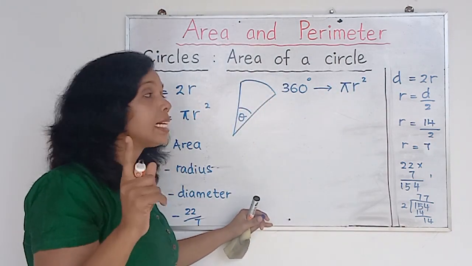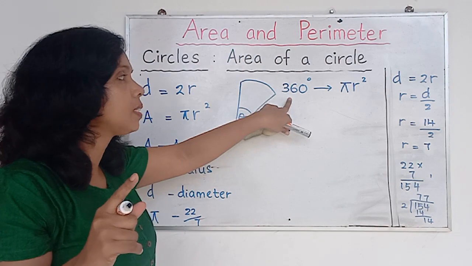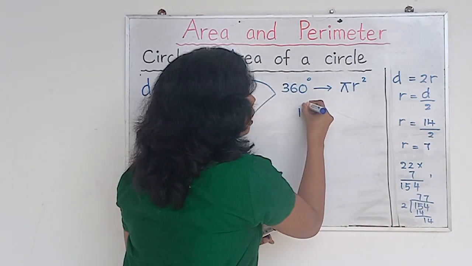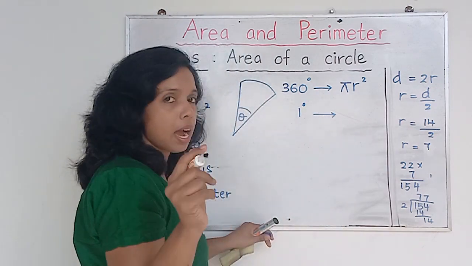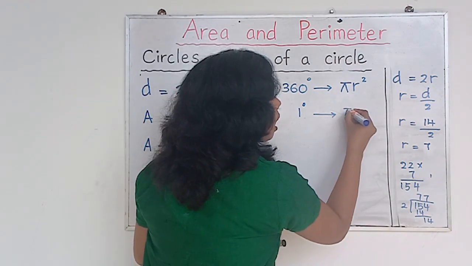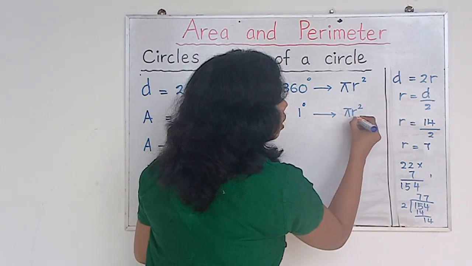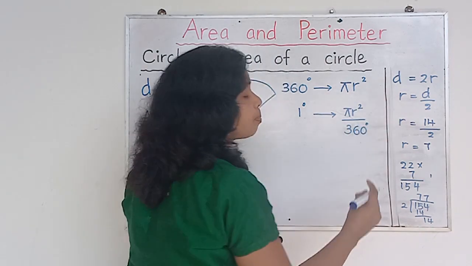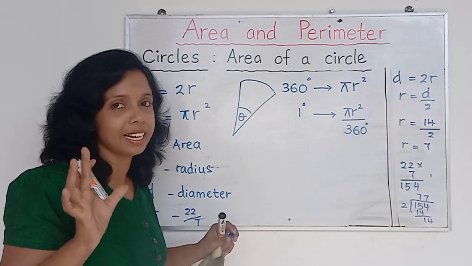Yes. Let's say if 360 degrees covers πr squared, 1 degree covers πr squared divided by 360. Everybody agree with me?